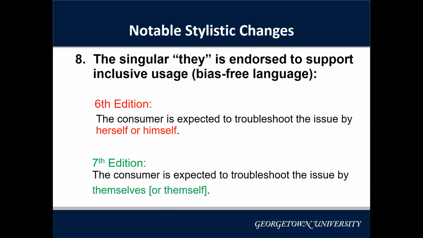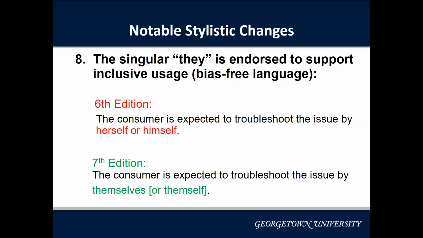In terms of stylistic changes, the 7th edition displays a renewed focus on inclusivity and avoiding gender bias, with a corresponding imperative not to use a generic third-person pronoun he or she, but rather they when referring to a singular generic person.